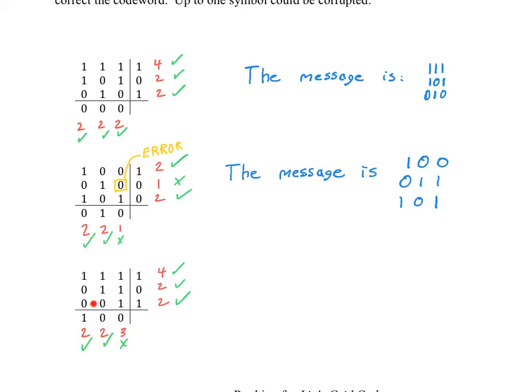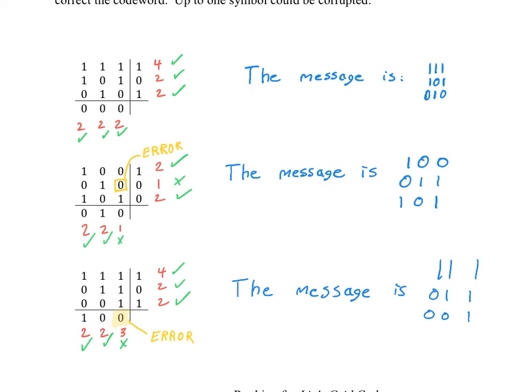But there was no problem in any of the rows. So all these are good, good, good. There's a problem in this column, so the problem must be this final digit here. Let's remember that the check digit could be an errored digit as well, and this time it certainly is. So that one right there is our error.